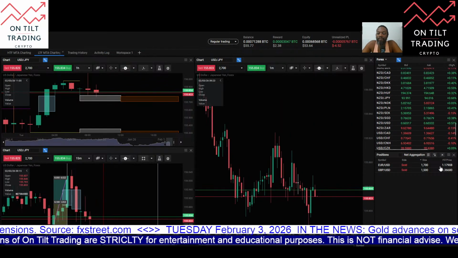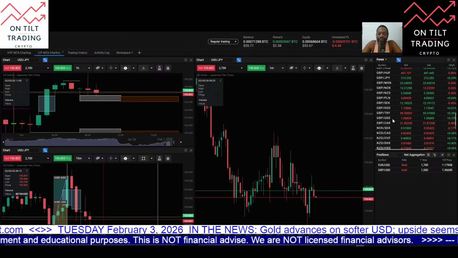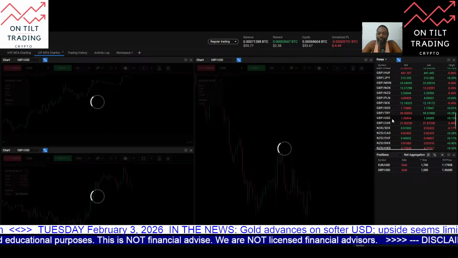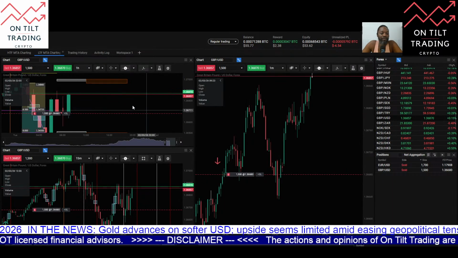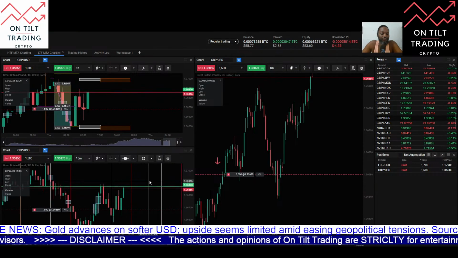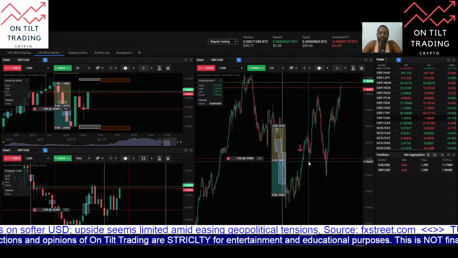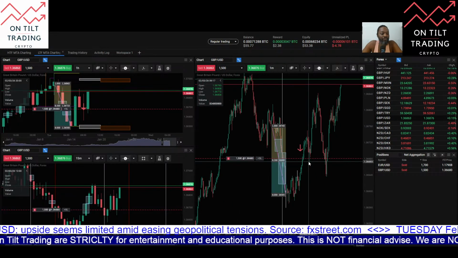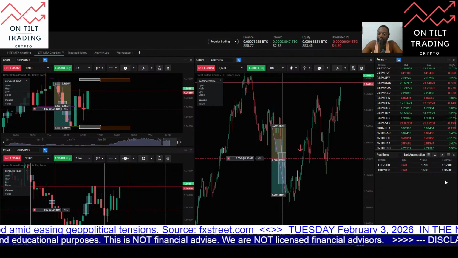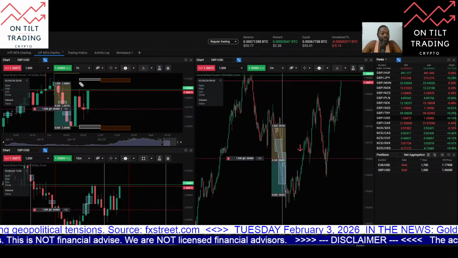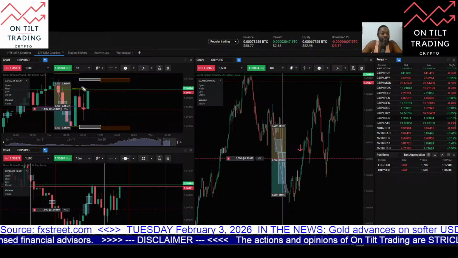Seems that the other pairs are having a hard time as well. See this pullback. So likely looking to sweep out this buy side here.